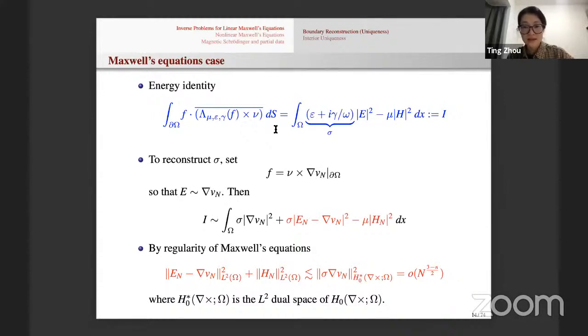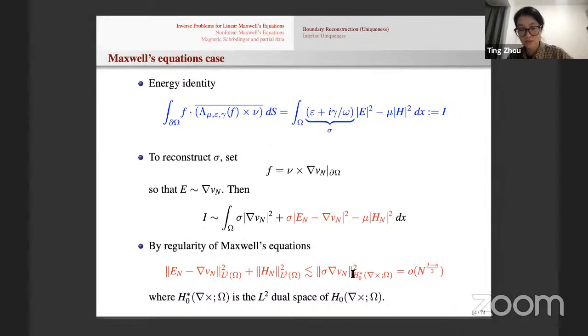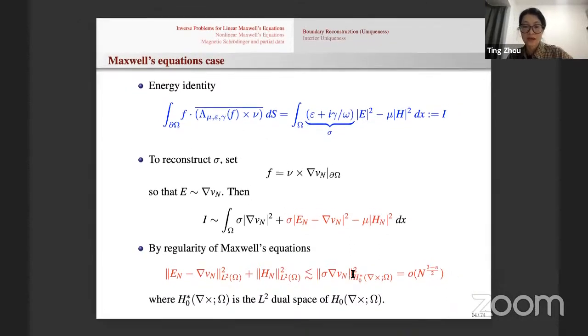Again, using this identity, you can split this energy term into three parts. The main part, you can apply the lemma, and the remaining part is shown to be small using a similar kind of regularity result for Maxwell's equations. And here things are different because of the spaces that we used for Maxwell's equations, that you need the L2 dual space of the H(curl) space.